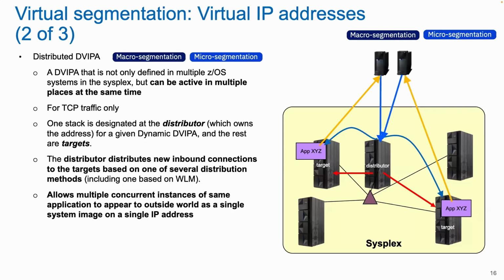They don't have permission to use other IP addresses, for example. You provide this segmentation on a workload basis by saying that for this one workload, for example, the CICS regions providing this service, you are limiting access only to that application and not any other applications running in the sysplex.